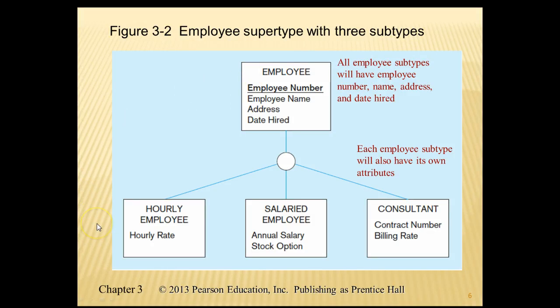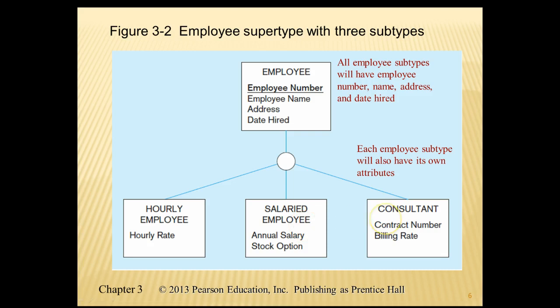And then below that are the subtypes, which again inherit the same attributes as the supertype, but also have attributes that are unique to that entity. For instance, the hourly employee entity type has hourly rate, and salaried employee has annual salary and stock options.